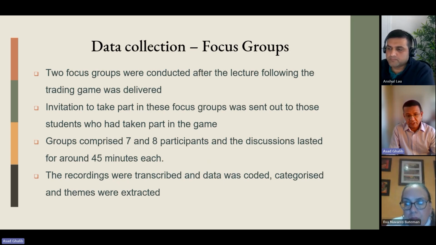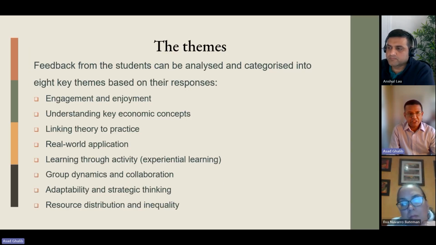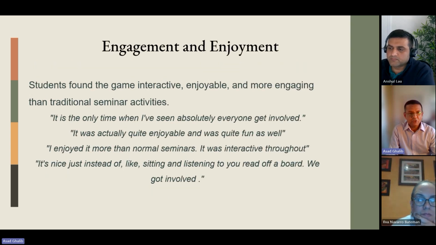They were recorded, transcribed, and the data was coded and categorized, and then we managed to extract 8 themes from the responses. So this is a full list of the themes. I'll just very quickly, due to the shortage of time, go through each one of these one by one.